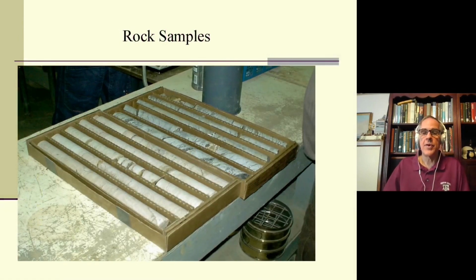Normally, we're engineers, our job is to quantify things. How do we do this? How do we fix this? How do we design for this? Well, the first thing we have to do is take samples.